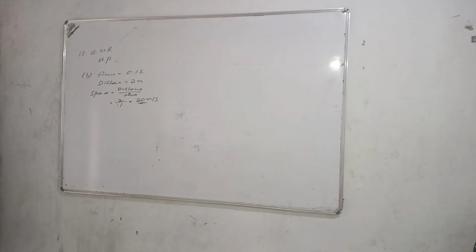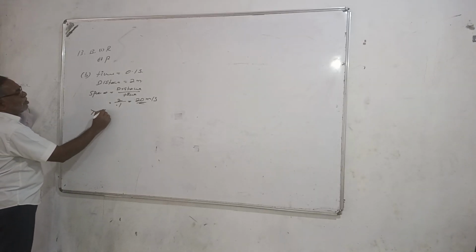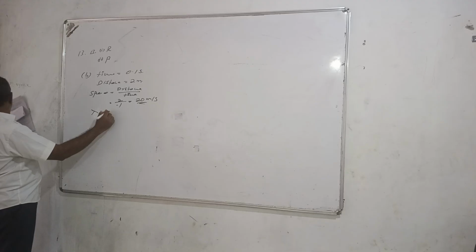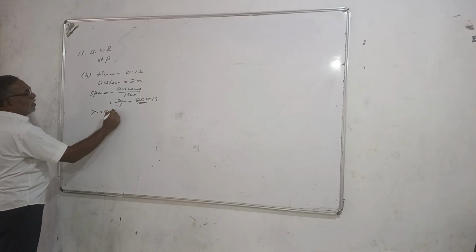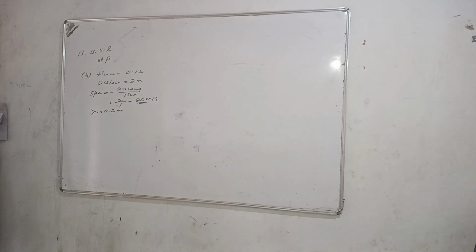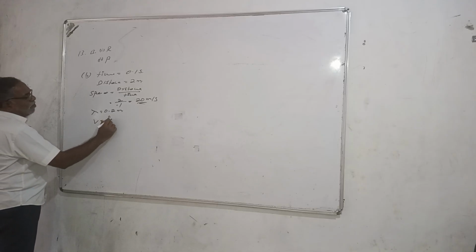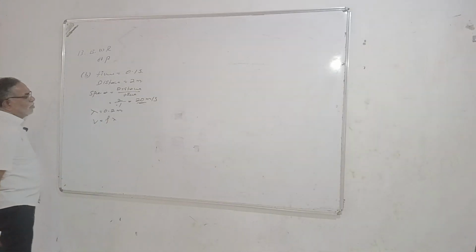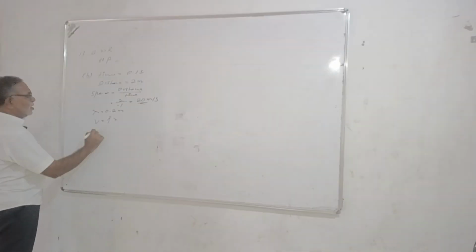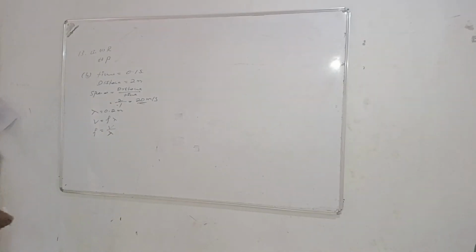Then lambda, that is wavelength. Lambda is equal to 0.2 meter. What is the frequency? So we know V is equal to f lambda. F they asked, so f is equal to V divided by lambda.